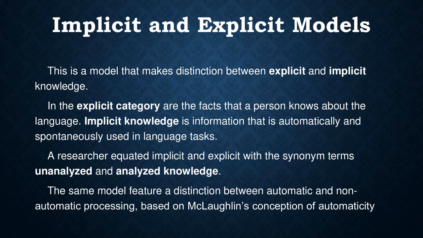Whereas implicit knowledge is information that is automatically and spontaneously used in language tasks. That happens with our first language. We may not know how our first language works, but we have an implicit knowledge of it that allows us to speak in a fluent way, with fluency.